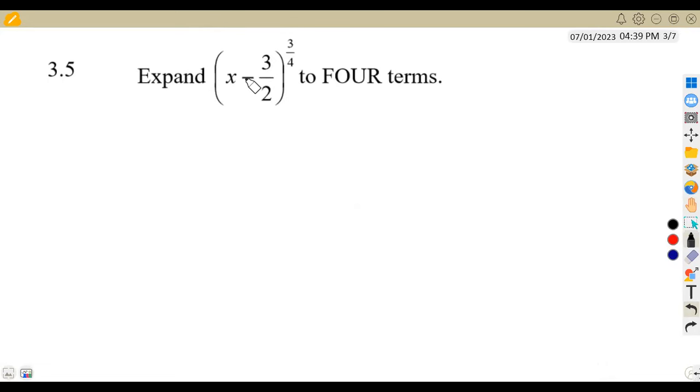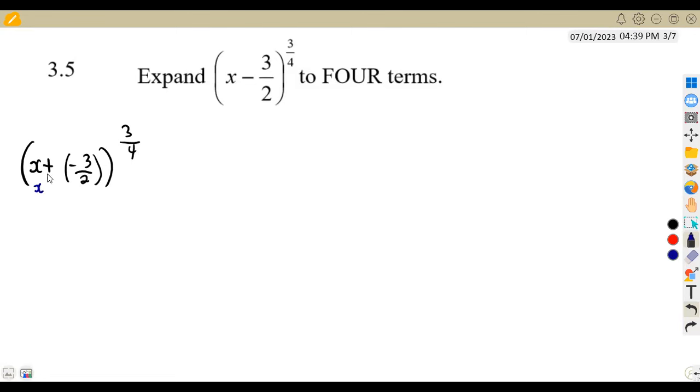So all we need here, we've got a minus. So just like the previous part, we are going to have this as x plus minus 3 over 2 like this, so that you can properly see the plus, the terms that we are working with in this case. So meaning to say, here we are having everything to the exponent of 3 over 4. So that is it. Once we can write this, this is your x.